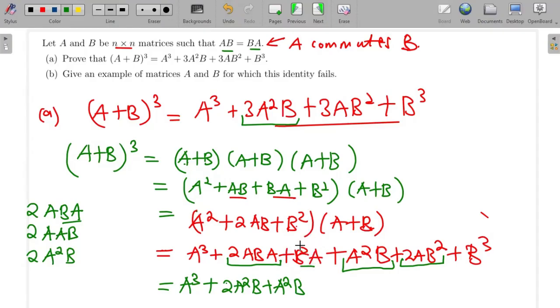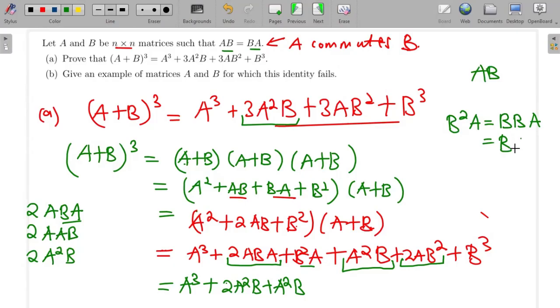So I'll get this guy. So it is B squared and then A. So B squared and then A is the same as B multiplied by B and then A. Okay, so now since A commutes with B, I can replace BA with AB. So I'm going to write B, and then this BA here, I'll replace it with AB.